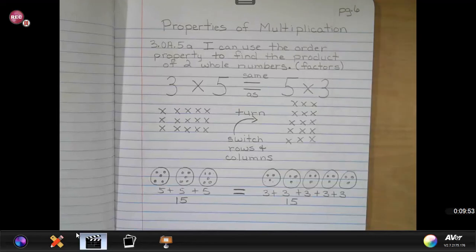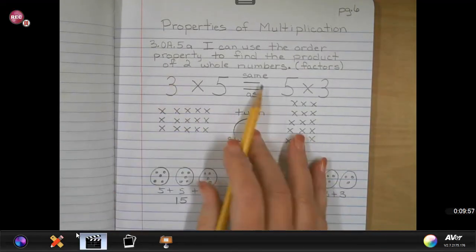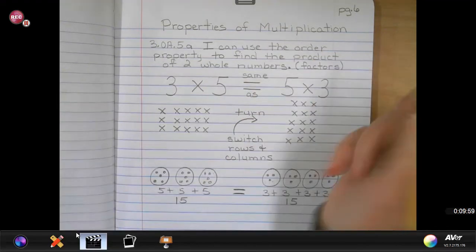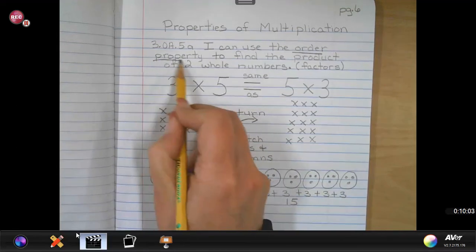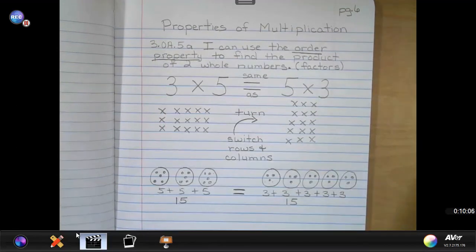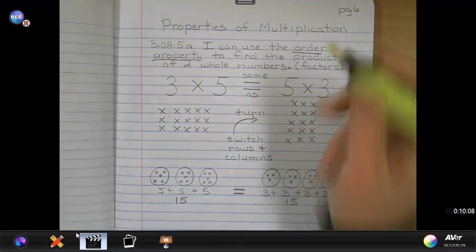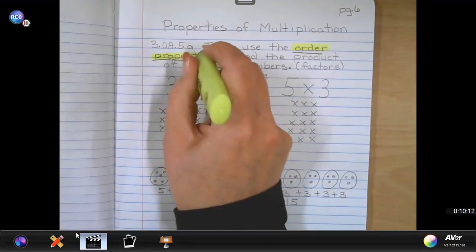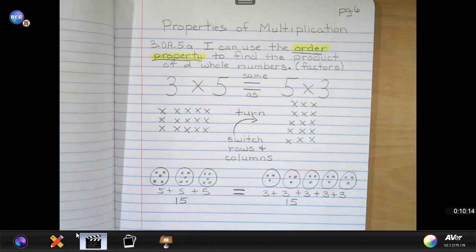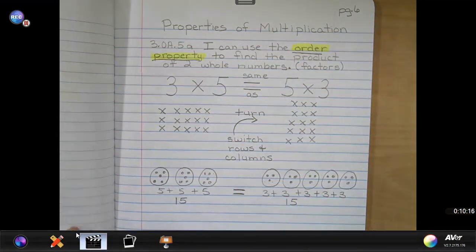Those are your notes for today on the properties of multiplication. Remember, this is the commutative property, and so we call it the order property of multiplication. It might be a good idea if you highlight this just to keep in memory what that property is, or what this is showing you as far as the property of multiplication.